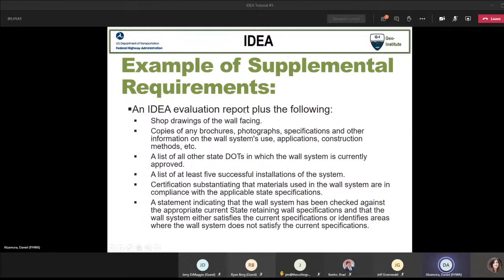So here they included an IDEA evaluation report plus these additional supplemental information. So fairly straightforward, and it's getting closer to what we would like to see or suggest states consider going towards, right?